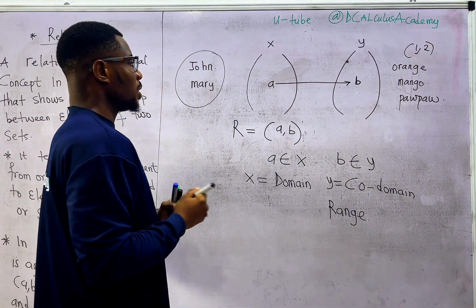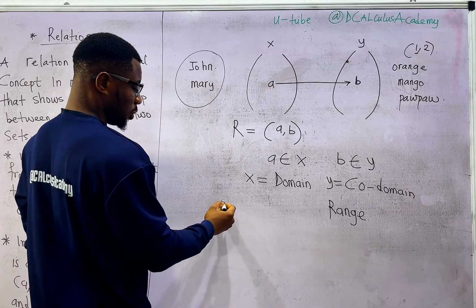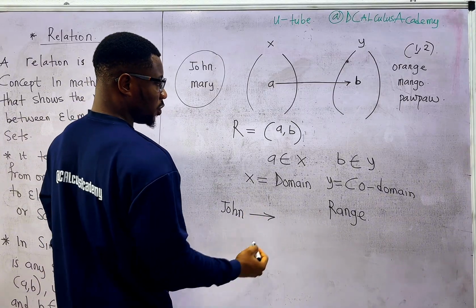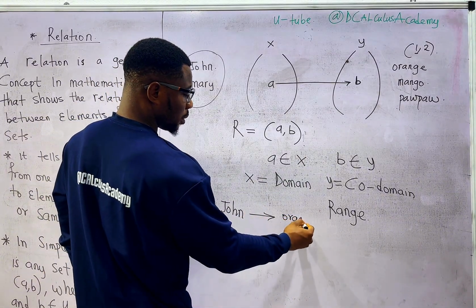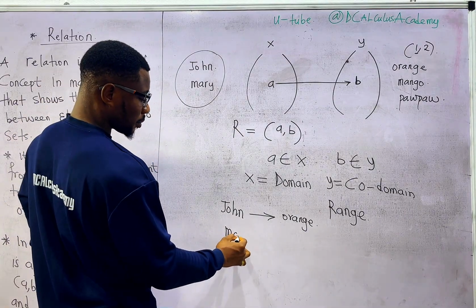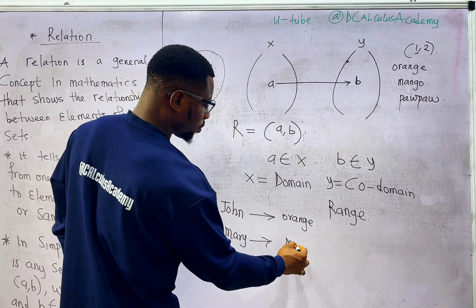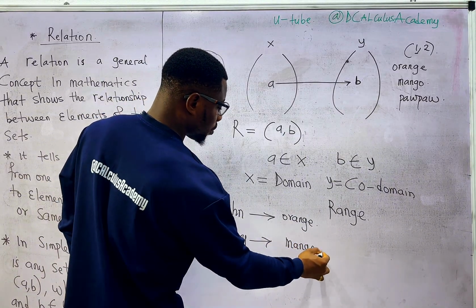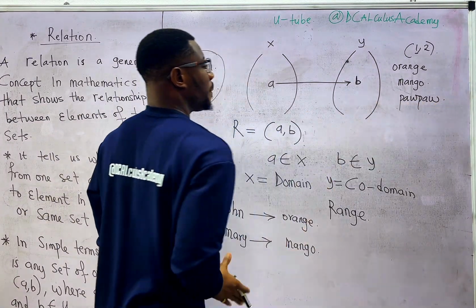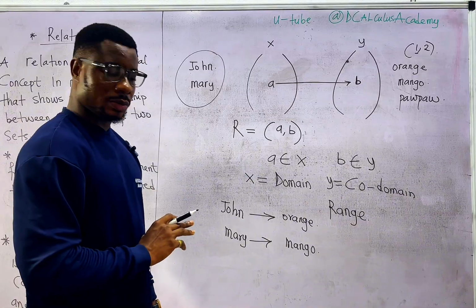So if, for instance, let's assume John is related to orange, and Mary is related to mango. And let's say the pawpaw here has no relationship. It is very possible.